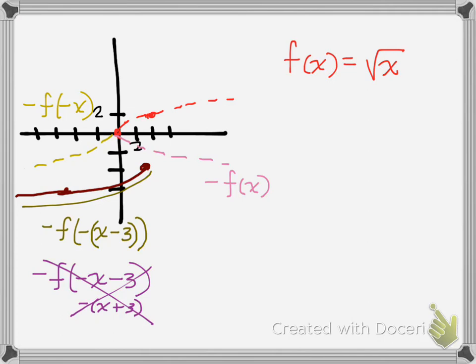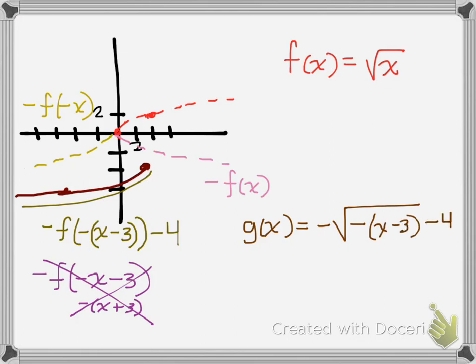And then finally, what else did I have here? I had minus 4 down, it looks like. Okay, so we can finish up here and get the final equation. So we're going to call it g of x, and that's going to be equal to, let's see, I've got the opposite of the radical of x minus 3, minus 4.